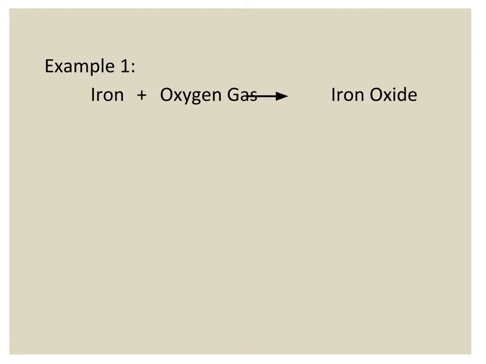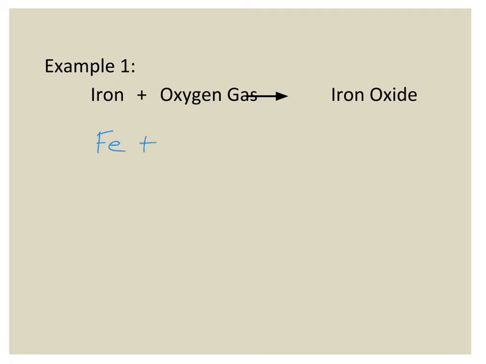Let's try out our first word equation. Step number 1, change all the names into chemical formulas. So when I see iron, hey, that's an element by itself, I just write down its symbol, Fe. Now iron is not one of our special Hofbrinkel elements, so it doesn't get any little numbers.